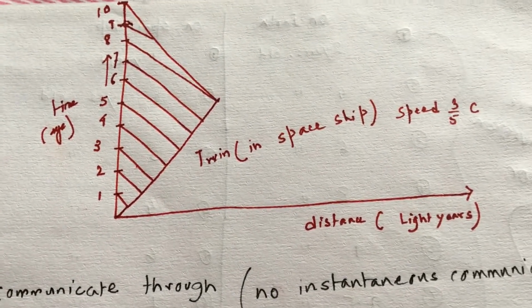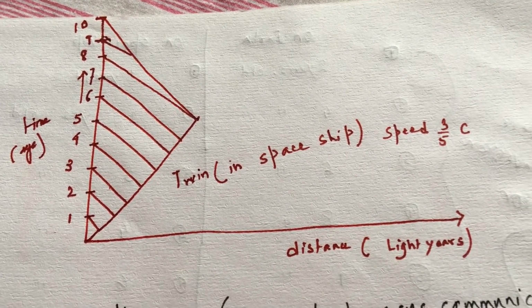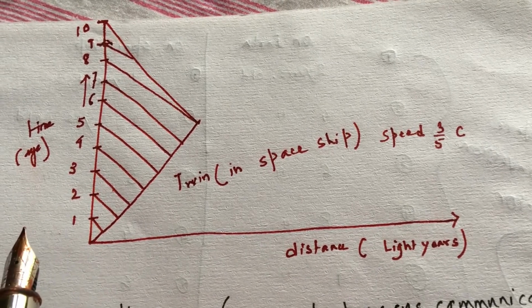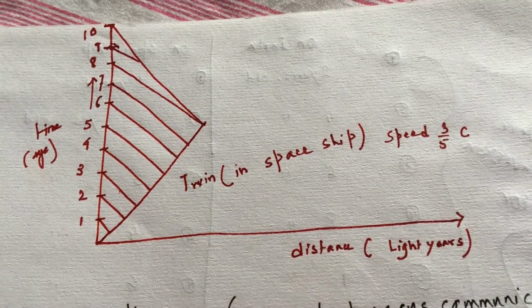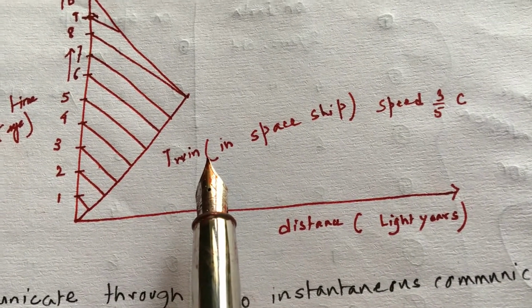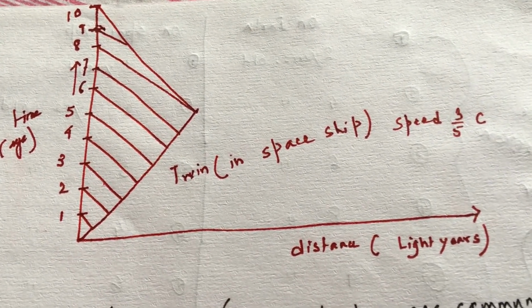Now this is the space-time plot for the twins. According to the twin on Earth, 10 years have elapsed. According to the other twin, it is not 10 years. Let me see why.